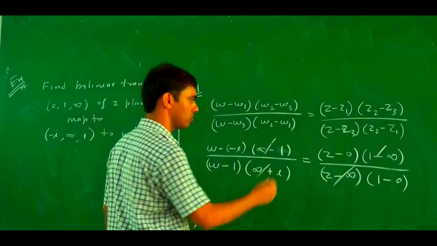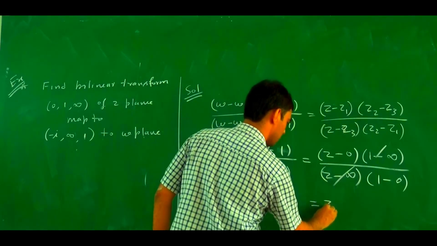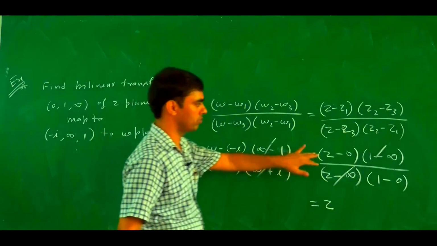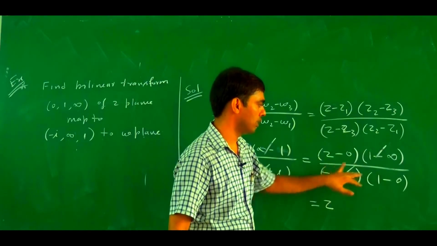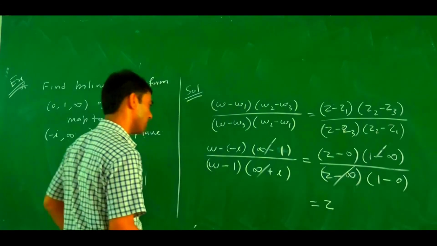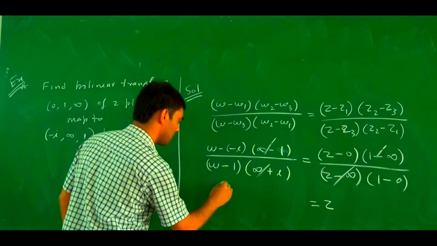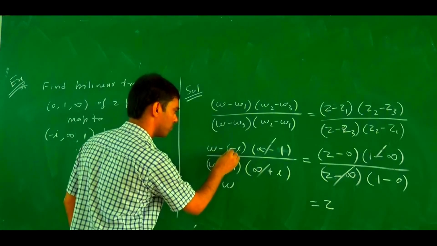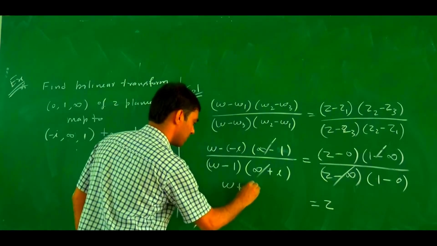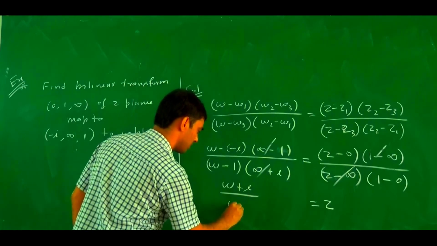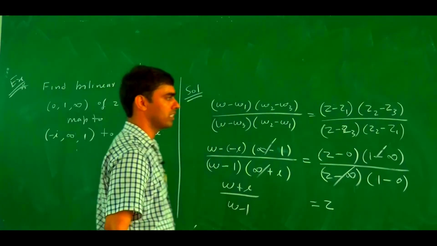So if we simplify, this z remains, this one becomes 1, and in the denominator this one is 1. Here, minus minus becomes plus, so we get w plus i divided by w minus 1.